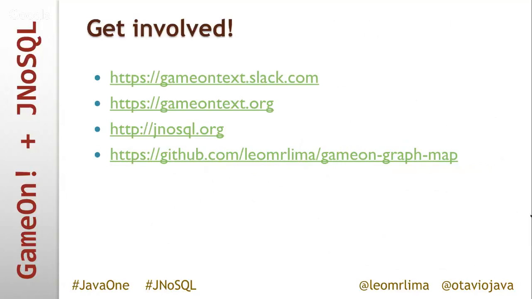The site where you can go and play Game On is gameontext.org. They have the NoSQL.org website as well, that's where the project is hosted. And the implementation that we did is posted on my GitHub, github.com/LeoMrLima/GameOnGraphMap.